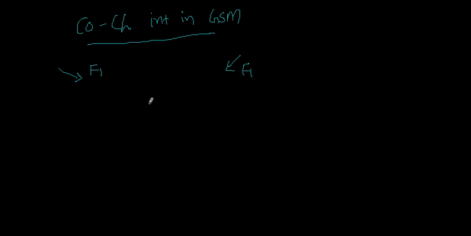Now, as per the GSM specification, we are supposed to maintain the co-channel interference, in dB, at 9 dB if you have a hopping network. It may be RF hopping or baseband hopping.